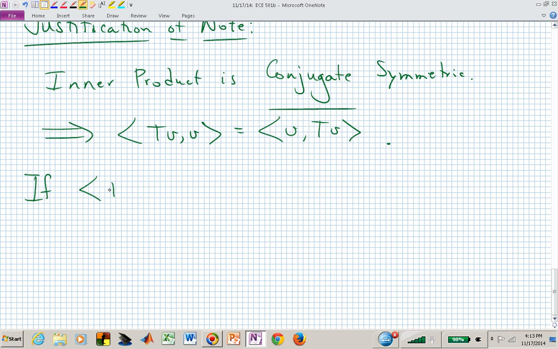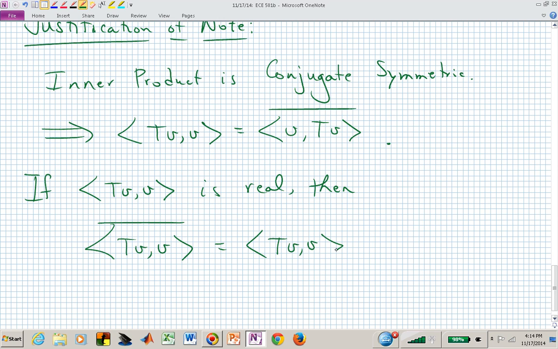Now, if TV with V is real, then we know that the conjugate of the inner product of TV with V is equal to the inner product of TV with V, if it's real. The number is equal to its complex conjugate if the inner product is real. So we know that fact.